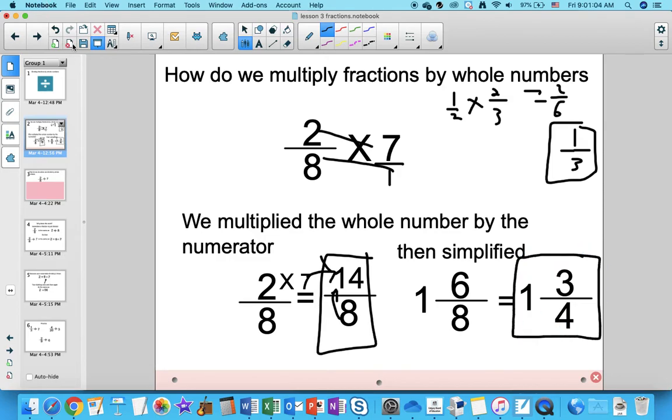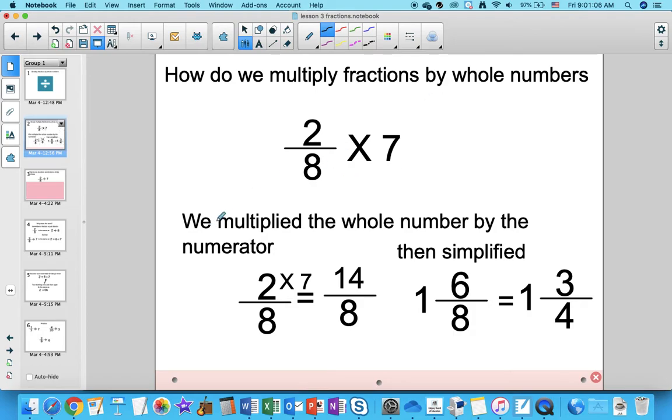So again, what you got to do is just multiply the whole number by the top. That's the shortcut. But if you want to know why, the reason why this works is because 7 as a whole number is the same as saying 7 over 1, or having 2 or 3 or 4 is the same as saying that number over 1, and you just multiply through.